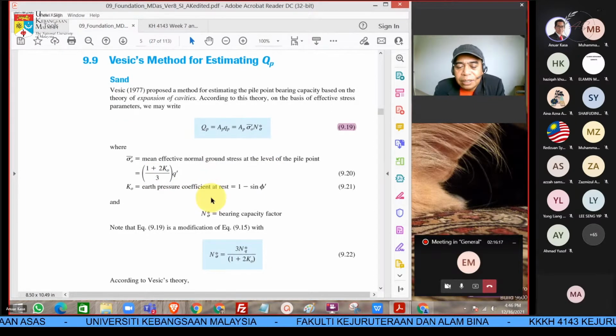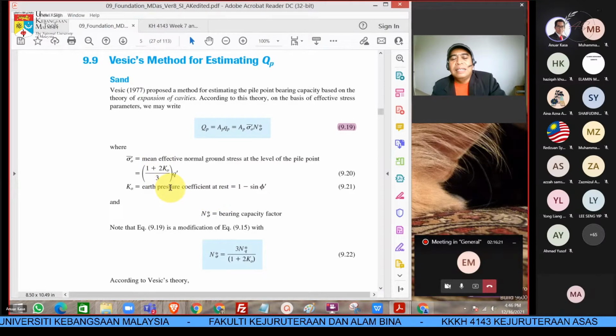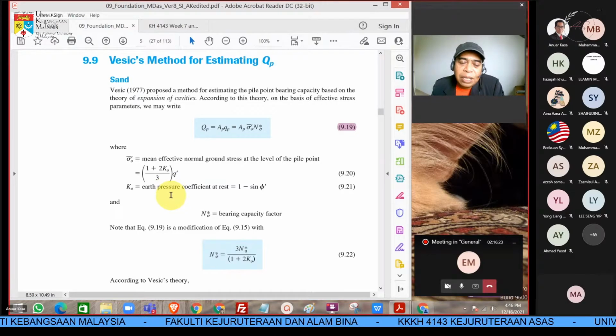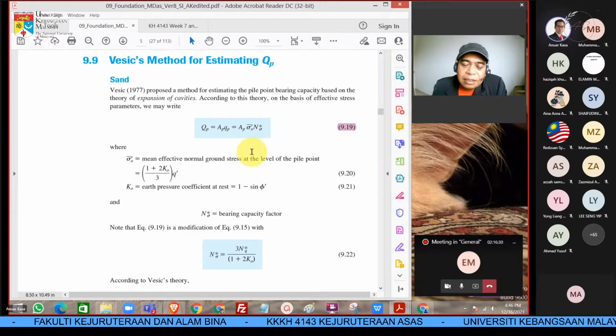This is important when you want to do the calculation, but for theory, we just look at it and understand what it is. For example, in this equation, AP, we know it is the area at the point, the cross section.